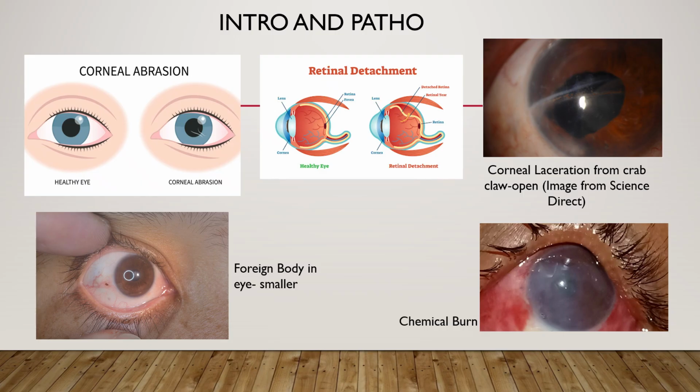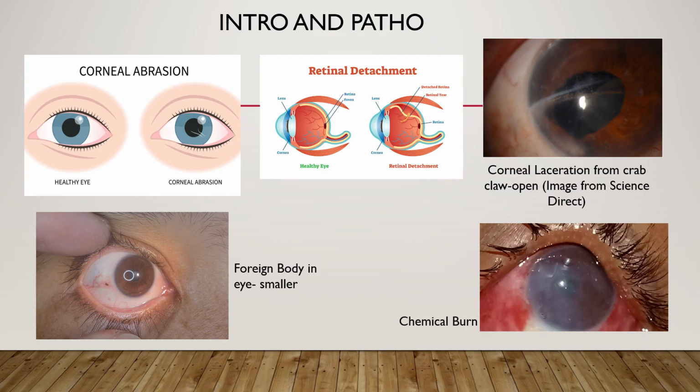Chemical burns happen after handling any chemicals, and usually the patient will rub their eyes afterwards. And then retinal detachment. I'll go through each of those and explain a little more.